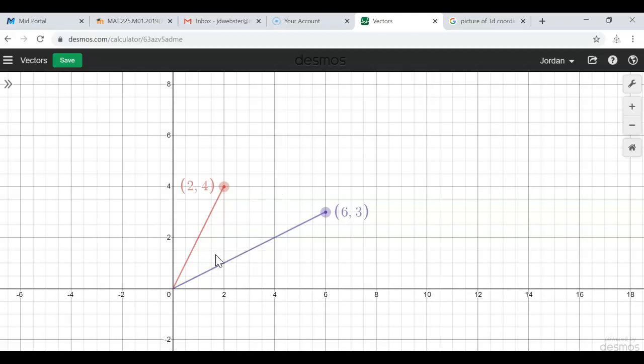When we projected onto a vector, let's say we were projecting 2, 4 onto 6, 3, what we would have done is broken up 2, 4 into two component parts.